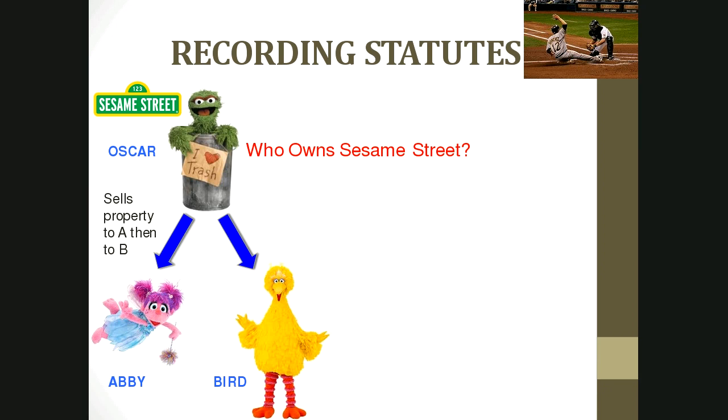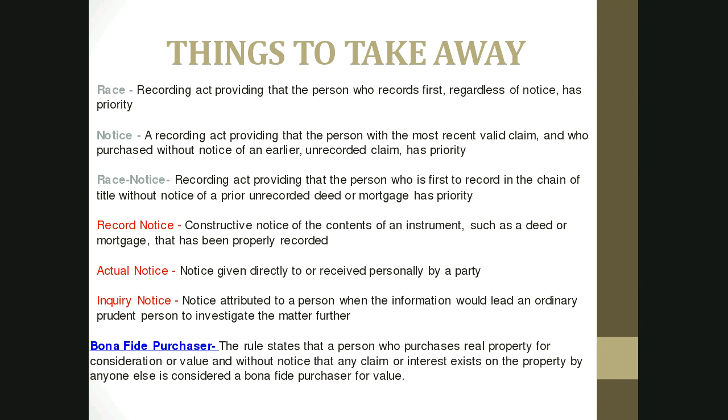And then in part one, we looked at the recording statutes in order to determine who owns Sesame Street when we have two or more conflicting claims of ownership. So you learned all about the recording jurisdictions, race notice, the types of notice, record, actual, and inquiry, and what a bona fide purchaser was.